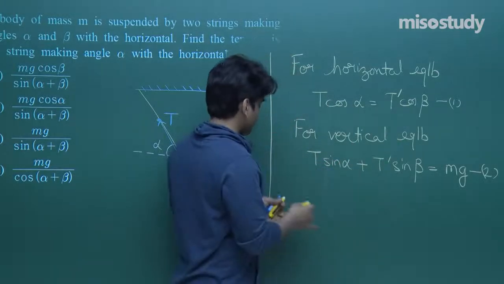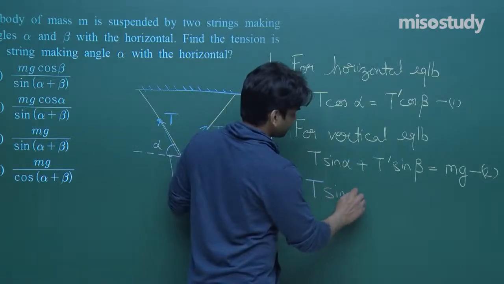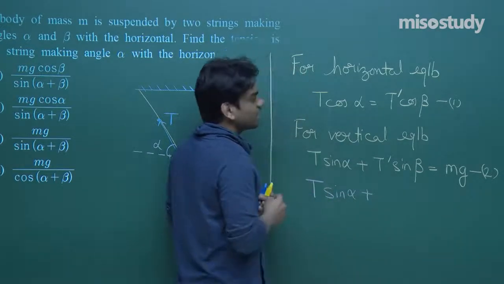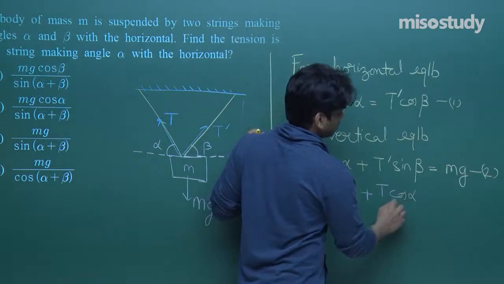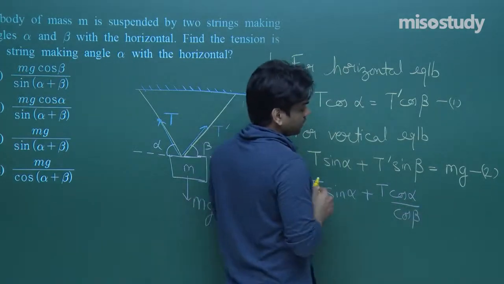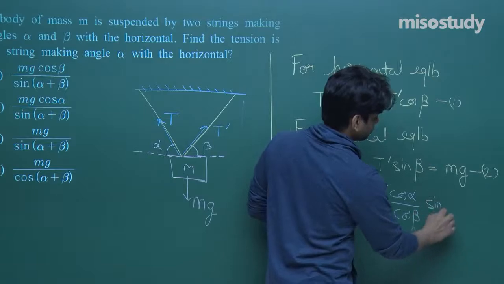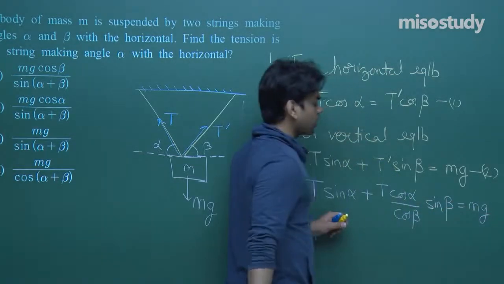In this equation you will have T sin alpha plus T cos alpha divided by cos beta into sin beta is equal to mg.